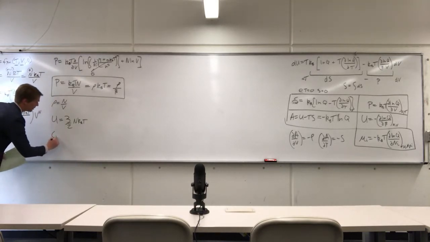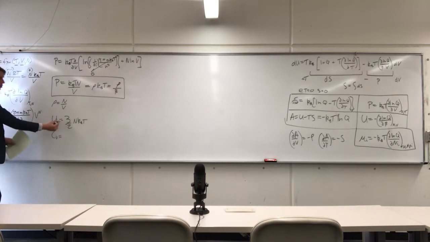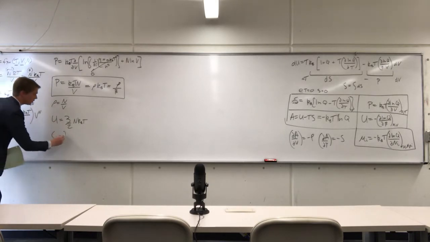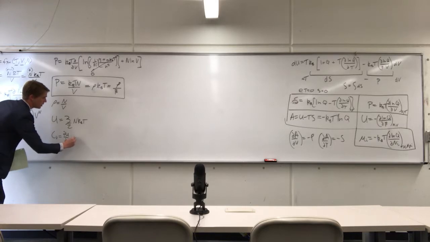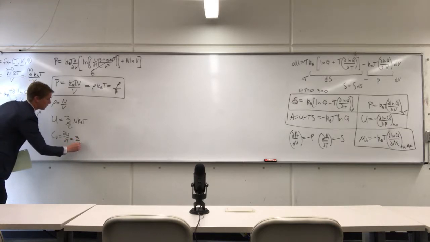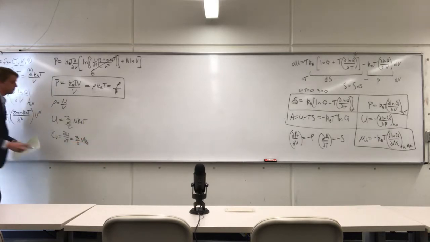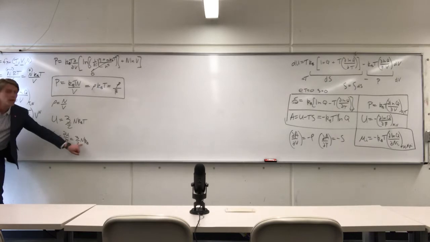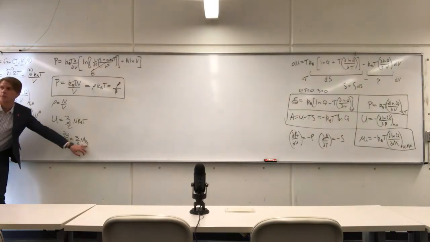The heat capacity is the partial derivative of the internal energy with respect to temperature. So this just gives us 3 halves NkB. Remember, if this is Avogadro's number times the Boltzmann constant, this just goes to R.